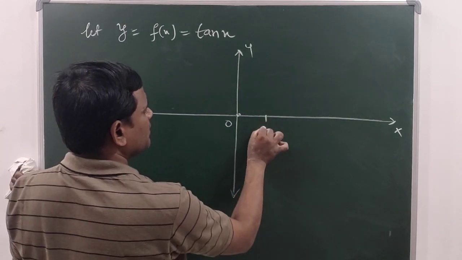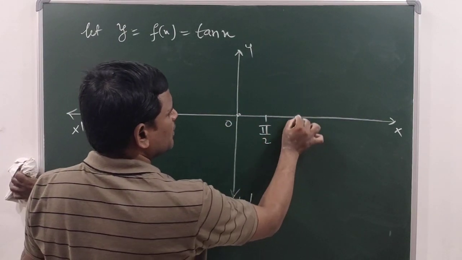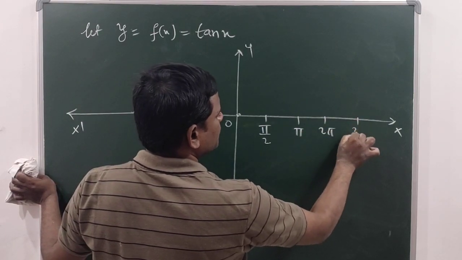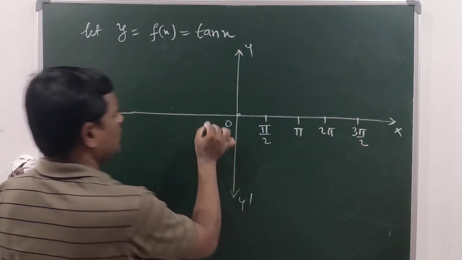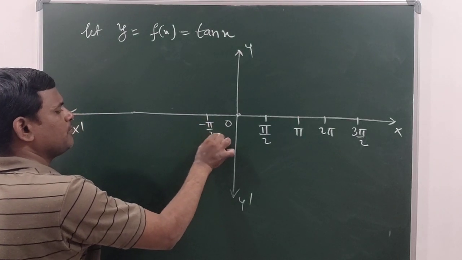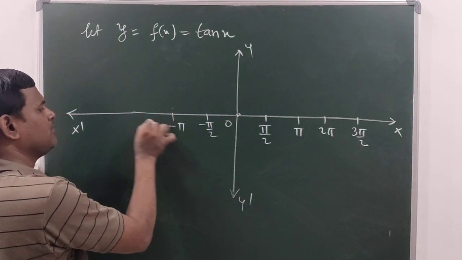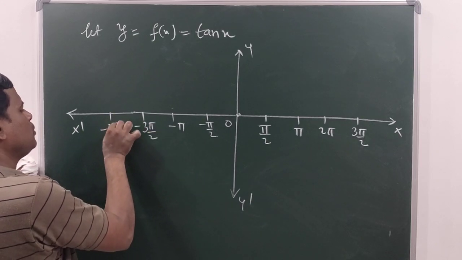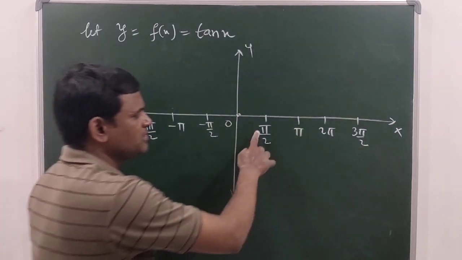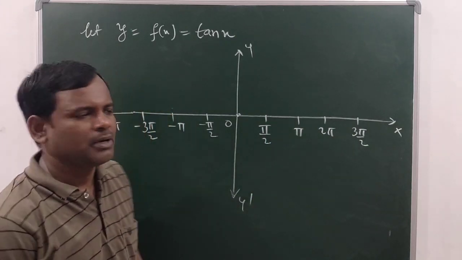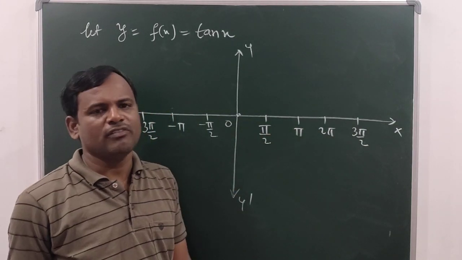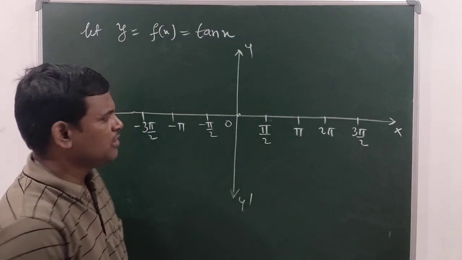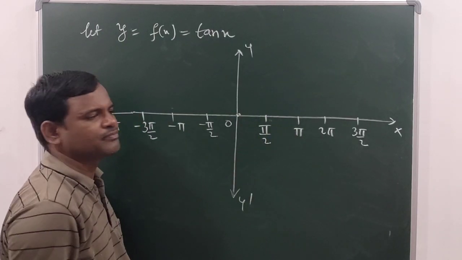Origin, here it is pi by 2, here pi, 2 pi, 3 pi by 2, and on this side minus pi by 2, minus pi, minus 3 pi by 2, minus 2 pi and so on, because all these are real numbers only. Pi means approximately 3.14, by 2, so you get about 1.57. These are irrational numbers.